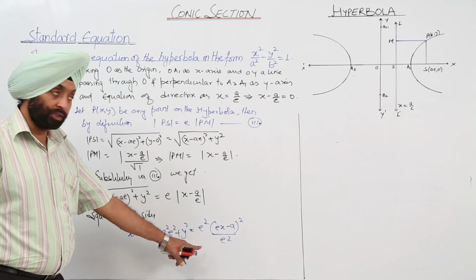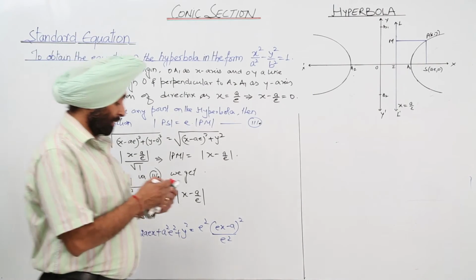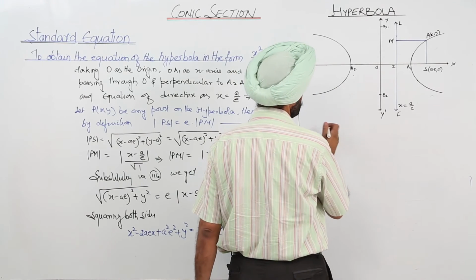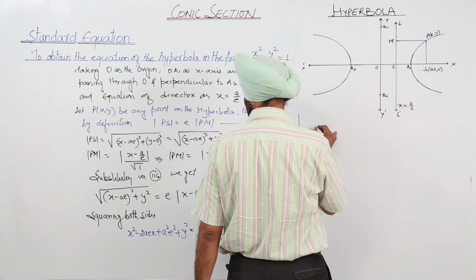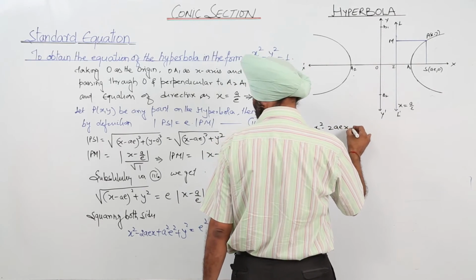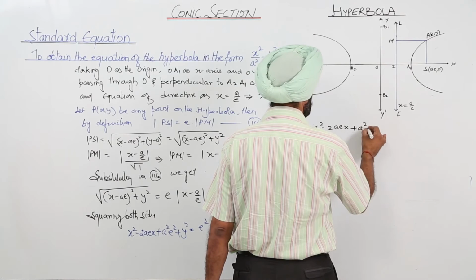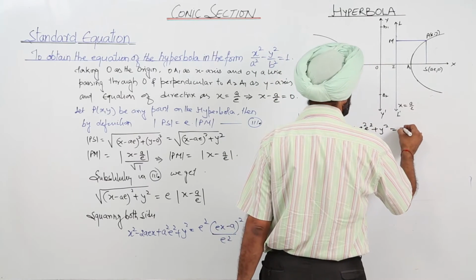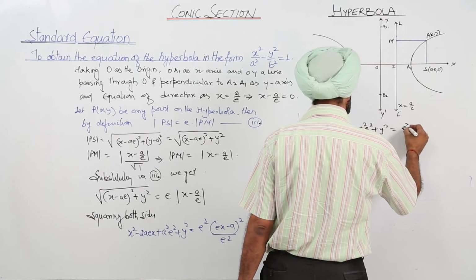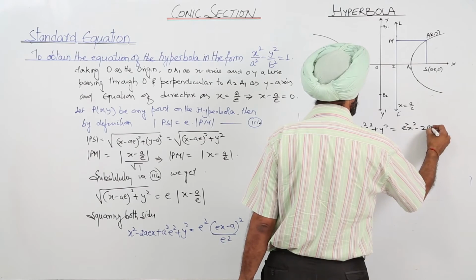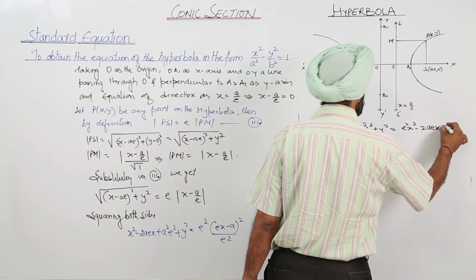Now E square and E square will cancel and we are left with x square minus twice AEX plus A square E square plus y square is equal to E square x square minus twice AEX plus A square.